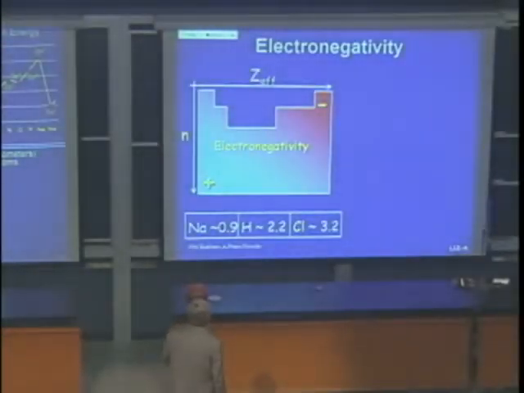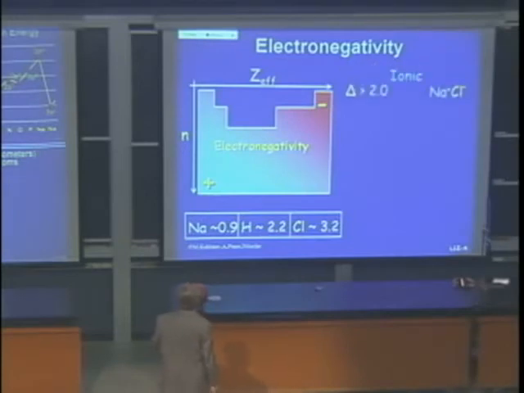So we have, for example, sodium and chloride will bind with each other. So what would be the electronegativity difference? It's the difference between the two values. So chlorine is 3.2 and sodium is 0.9. So this is then 2.1. And we can say, just in general, this is how simple this model is, but it helps you to understand what type of bonding you have.